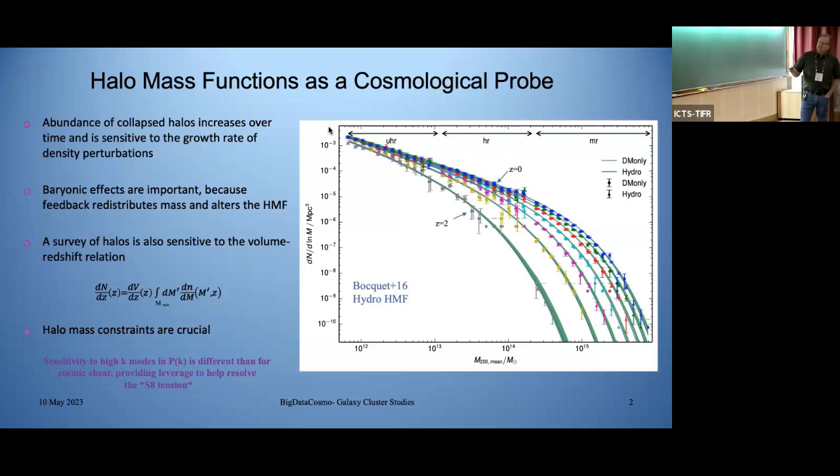Feedback redistributes the baryonic mass, which is 10 to 15% of the mass, as we heard from Bianca yesterday. And a survey of halos is telling us not just about the growth rate of structure, but it's also sensitive, here's the redshift distribution of halos, sensitive to the volume-redshift relation. Okay, so here, integral over all observable halos times the volume.